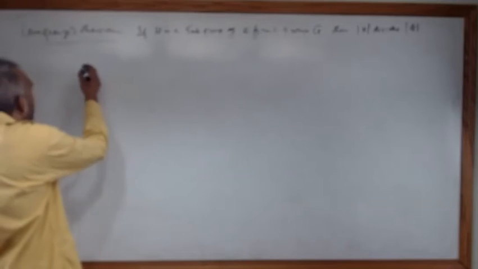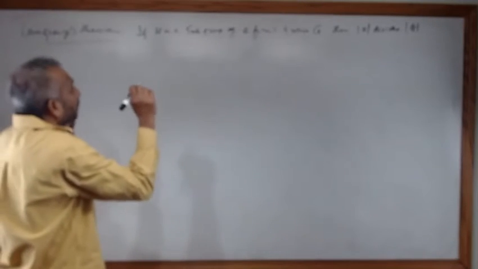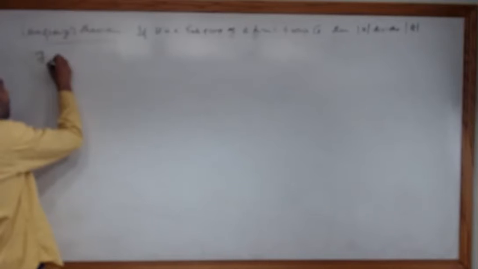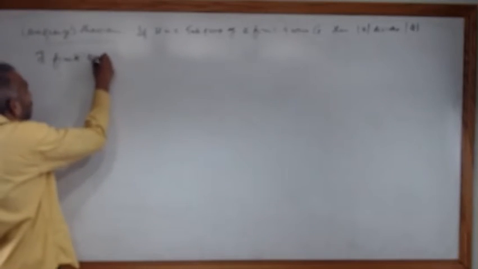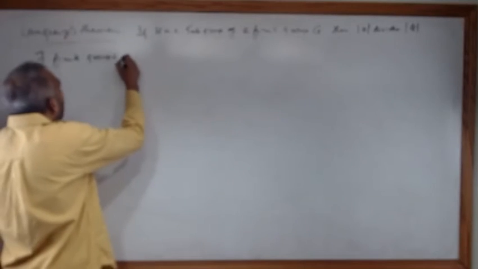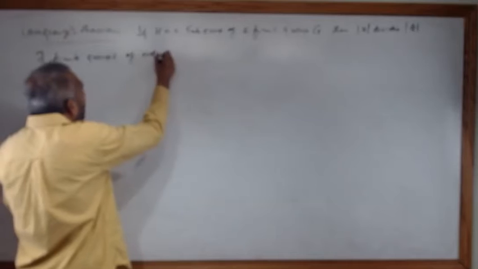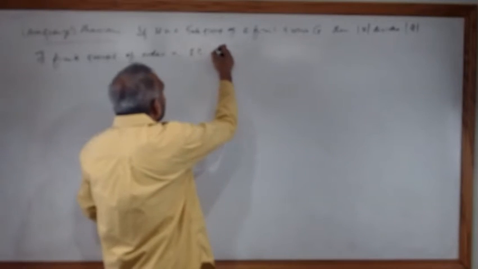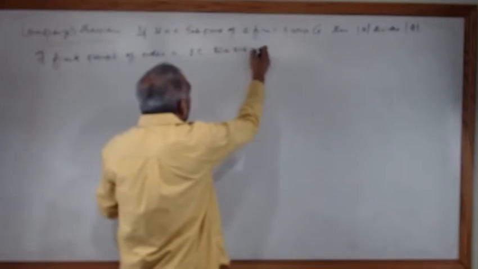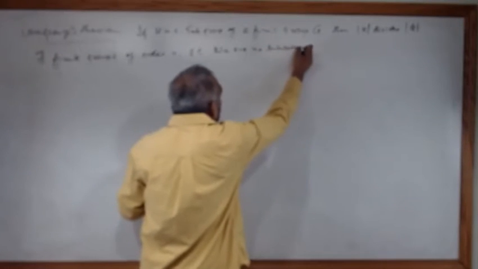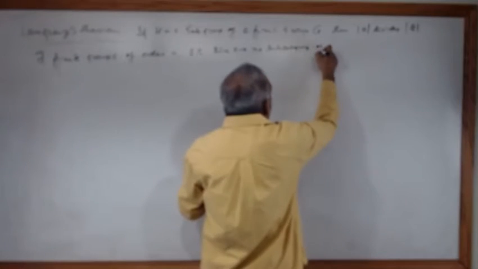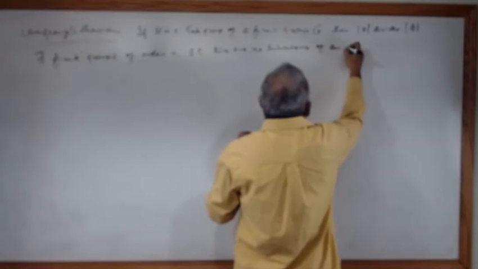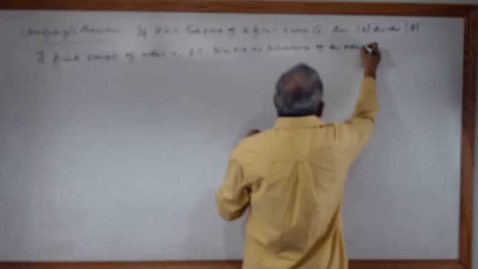Meaning, the converse statement will be like this. What we are going to prove is there exist finite groups of order n such that there are no subgroups of an order that divides n.